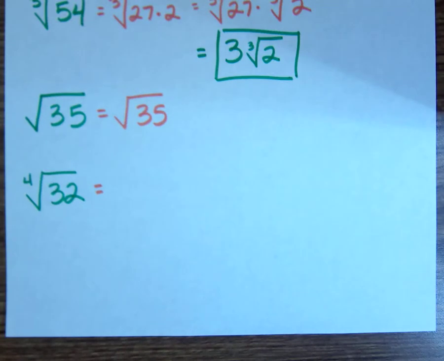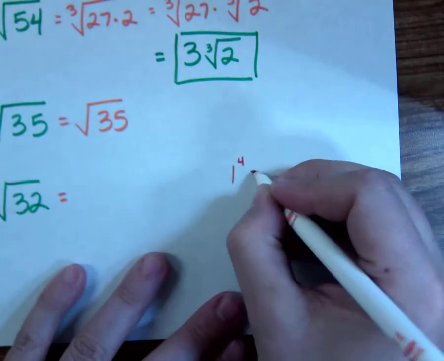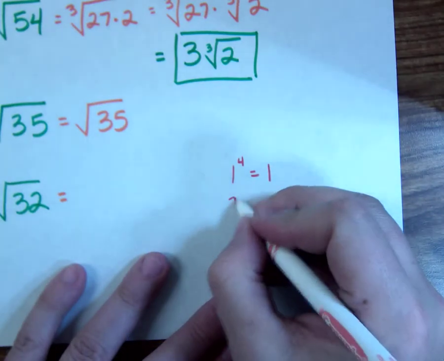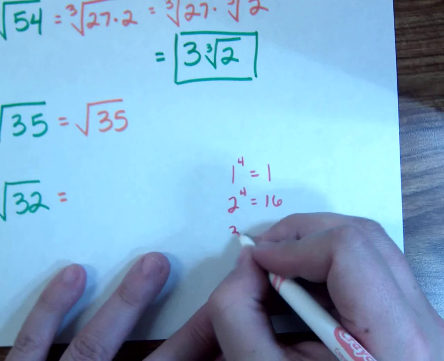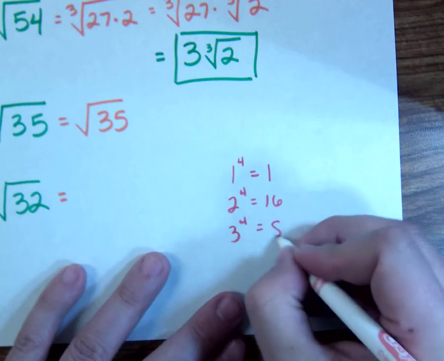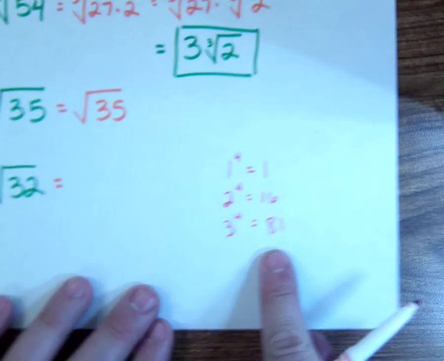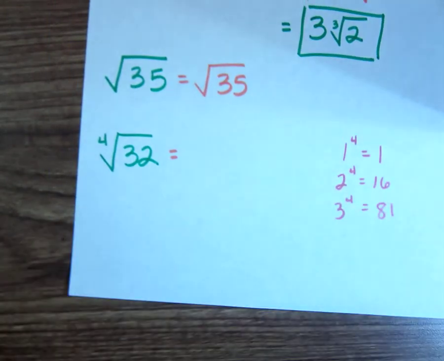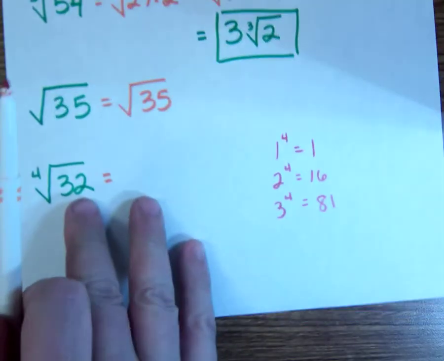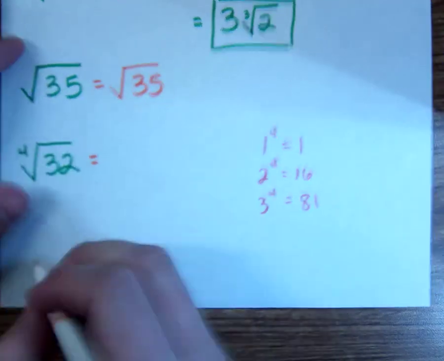What is the biggest perfect fourth power that 32 can be divided by? Now when it starts to get like these, you may want to start making a list. 1 to the fourth is 1. 2 to the fourth is 16. 3 to the fourth is 81. I know 81 won't work because it's bigger than 32, so it's got to be 1 or 16. What can 32 be divided by? 16 is the biggest.